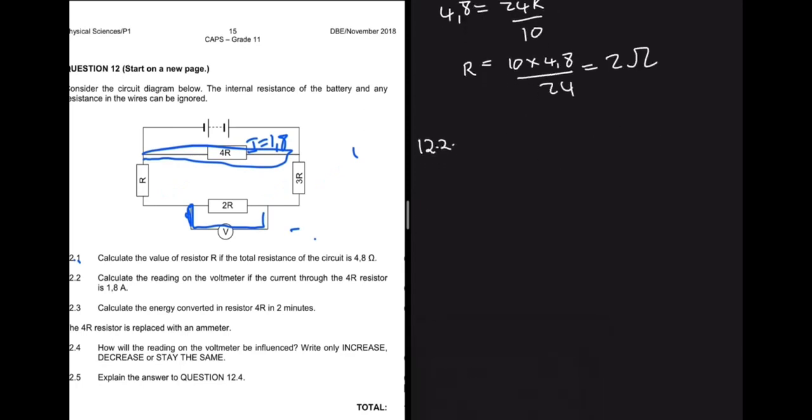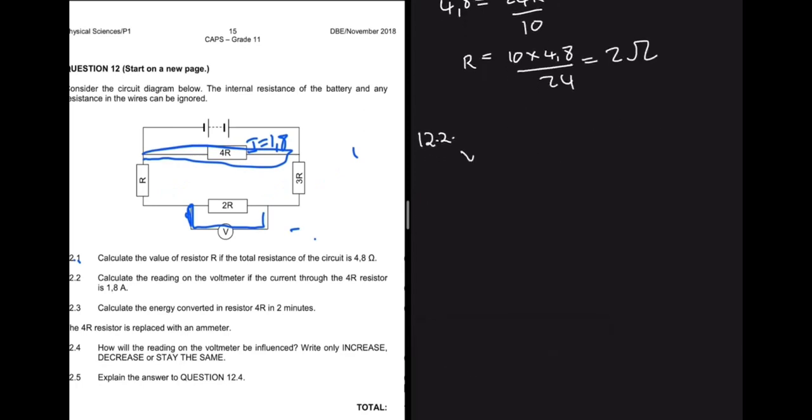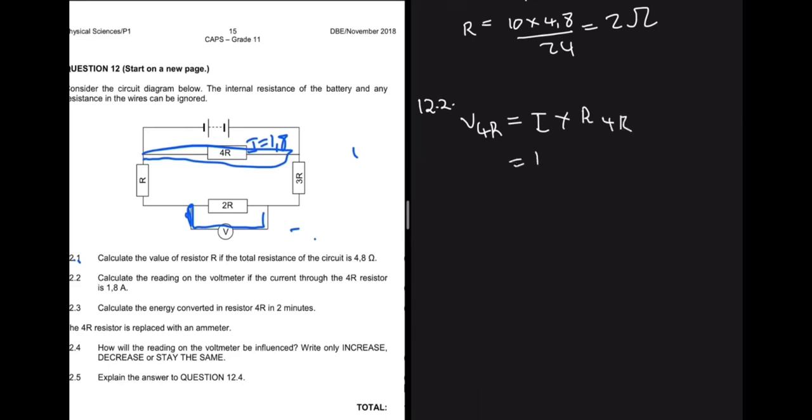So we're going to have V on the 4R resistor is equal to I multiplied by the resistance of 4R. So that will be equal to 1.8 multiplied by 4 multiplied by 2, because this resistor is 4R, right?